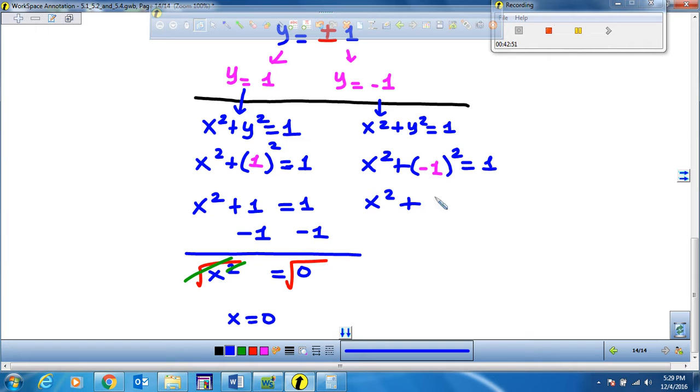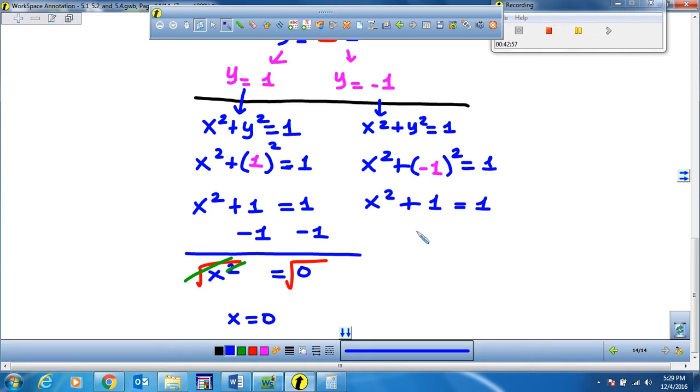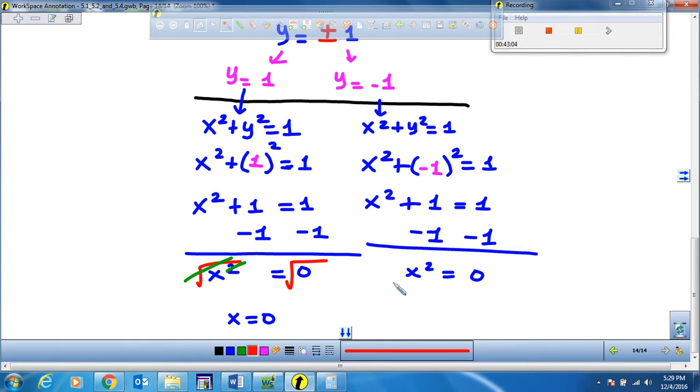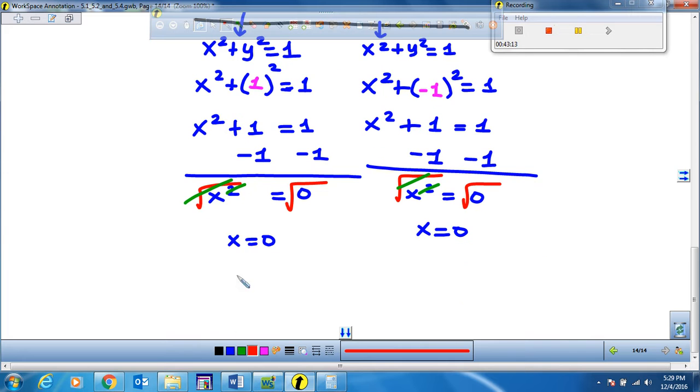Negative 1 times negative 1 is just going to be a 1. x squared equals 0 again. You do the square root. So x is equal to 0. So it's a matter of just writing the right ordered pairs. This one was 1, 0, the other one is going to be negative 1, 0. And that's what it is.